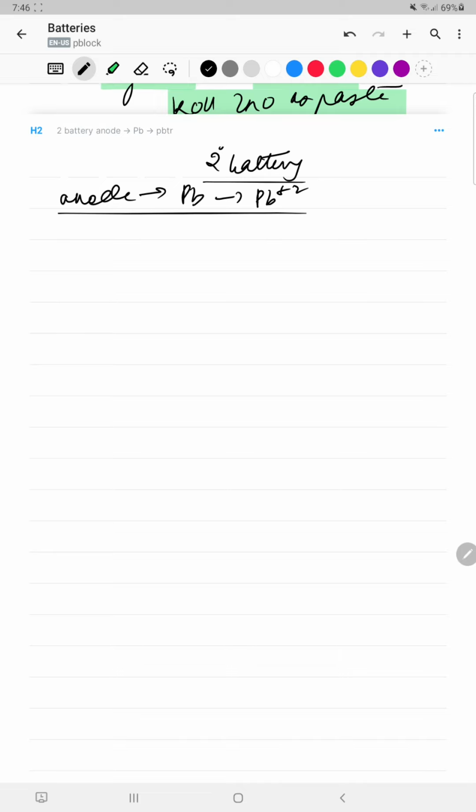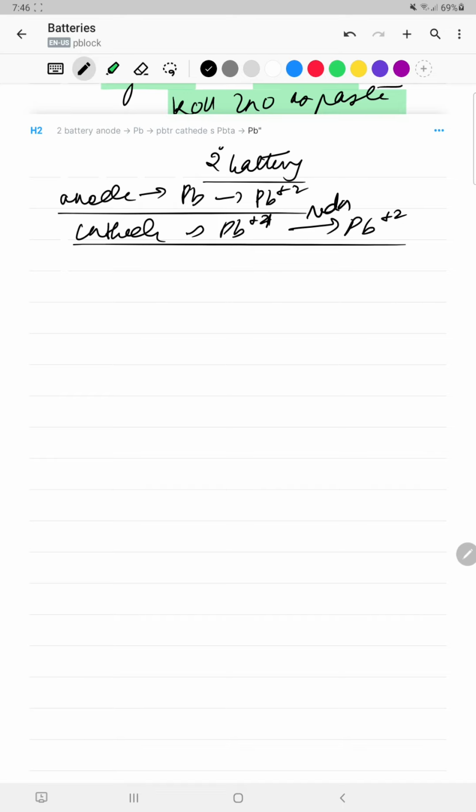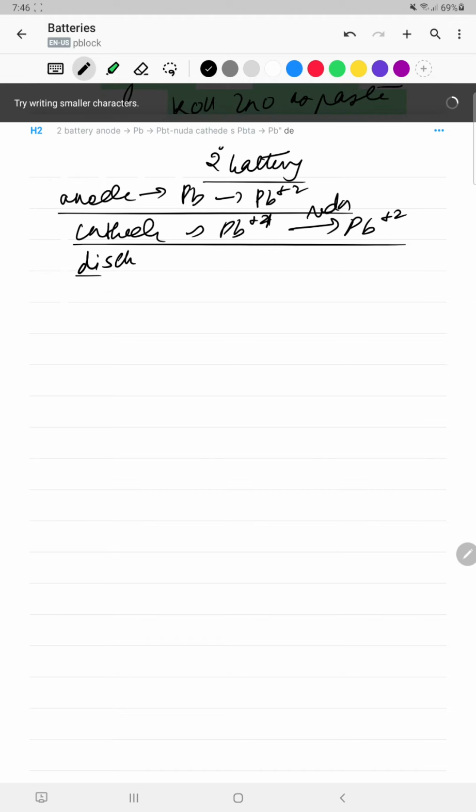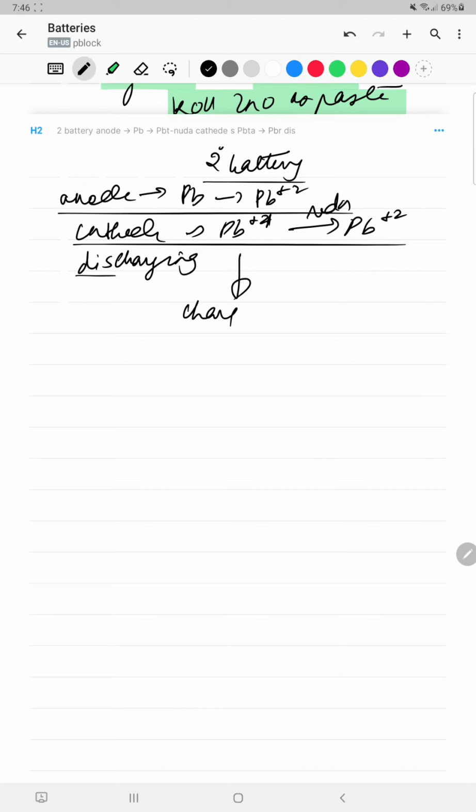We all know that, right? And on cathode actually PbO2, Pb plus 4, changes to Pb plus 2, as reduction will take place on cathode, and these reactions are of discharging. These reactions will be reversed in the case of charging.